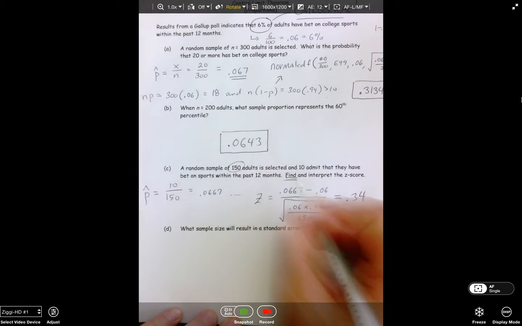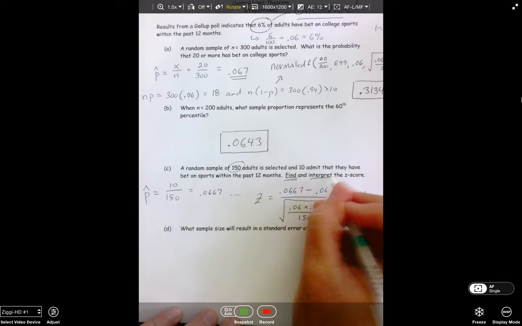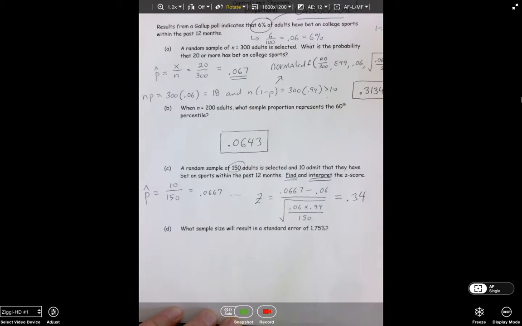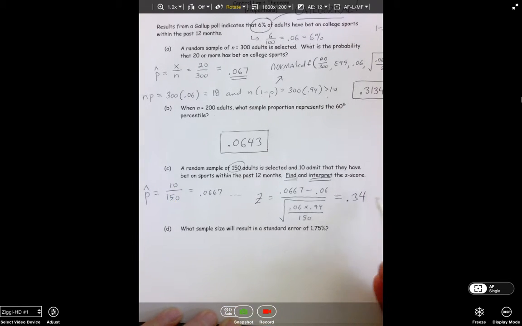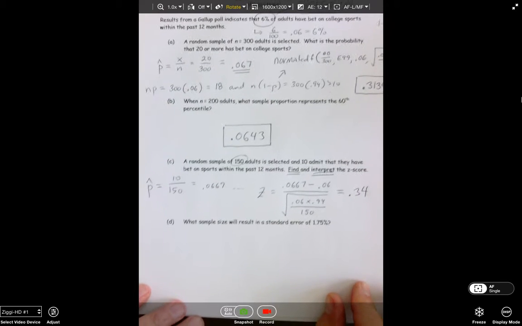So I found it, but now I need to interpret it. So I would say that a sample proportion of 10 out of 150 is 0.34 standard errors above the mean. So again, a sample proportion of 10 out of 150 is 0.34 standard errors above the mean.